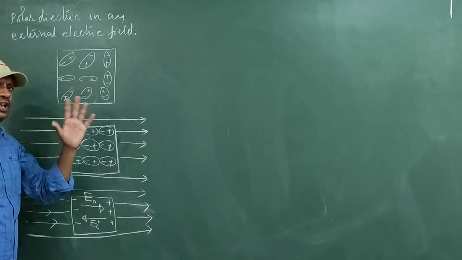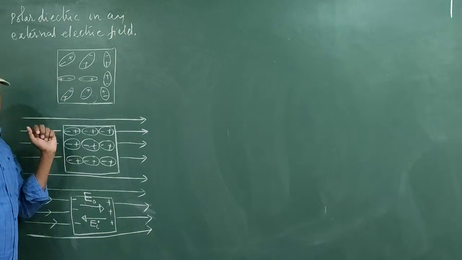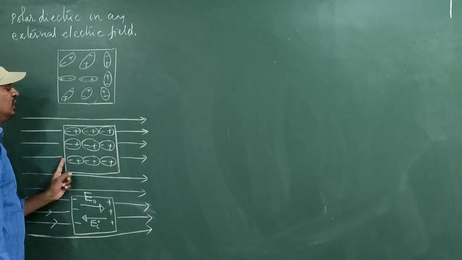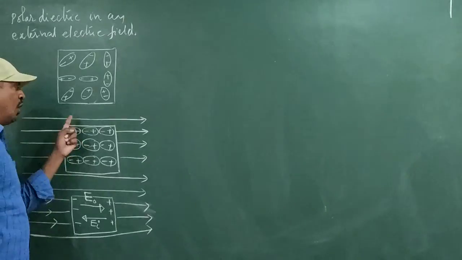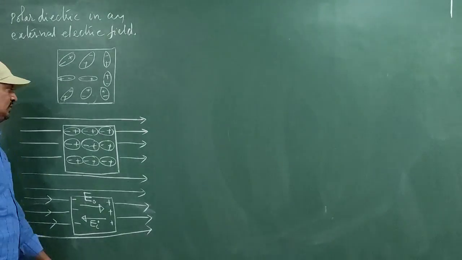Now, if you keep this one in an external electric field, what happens? Here there will not be any stretching of dipoles because the dipole moment already exists. All the dipoles will align along the direction of the electric field.